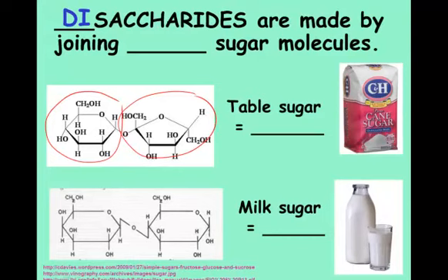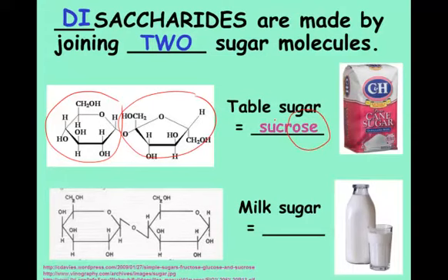They're attached by a little bond here. Disaccharides are made by joining 2 sugar molecules together to make a bigger, a little bit more complicated carbohydrate. An example would be what we call table sugar. Table sugar is sucrose. Notice that OSE ending again. It's a clue that it's a sugar molecule.